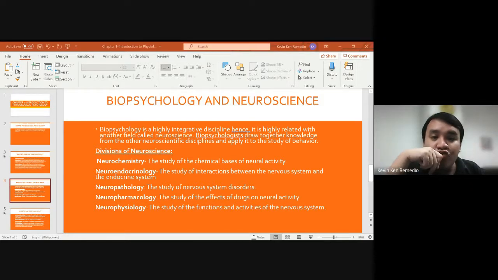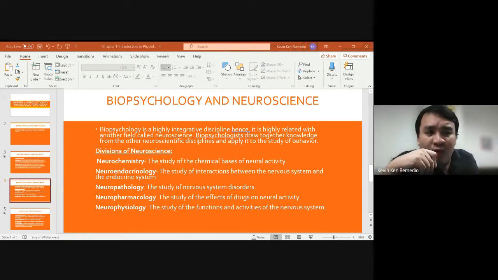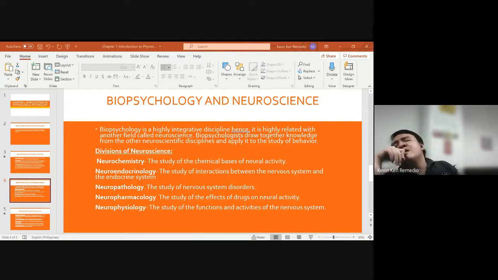We have neurochemistry. It studies the chemical basis of neural activity. Unsa man ang neural activity, sir? Kana, what causes action potentials, what causes the resting potentials. Because at first, nagtuo ang mga scientists nga brain activity is caused by electrical impulses, electrical charges.